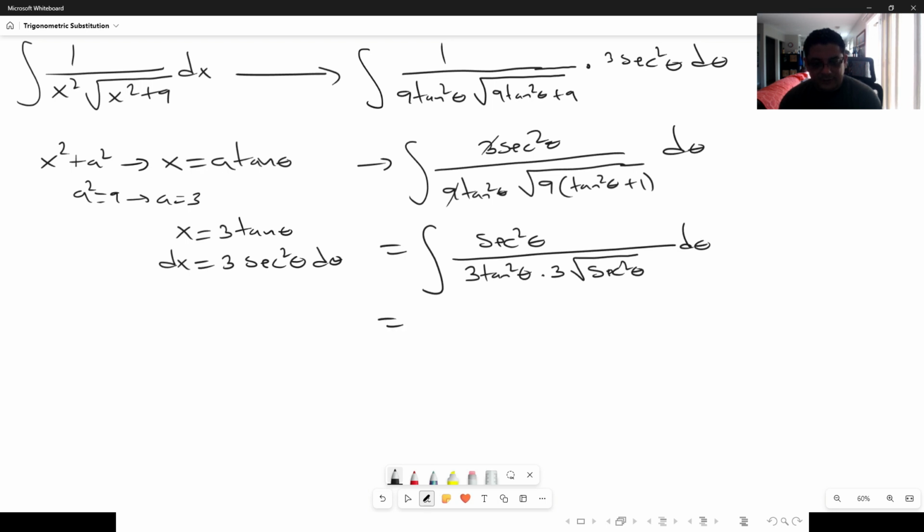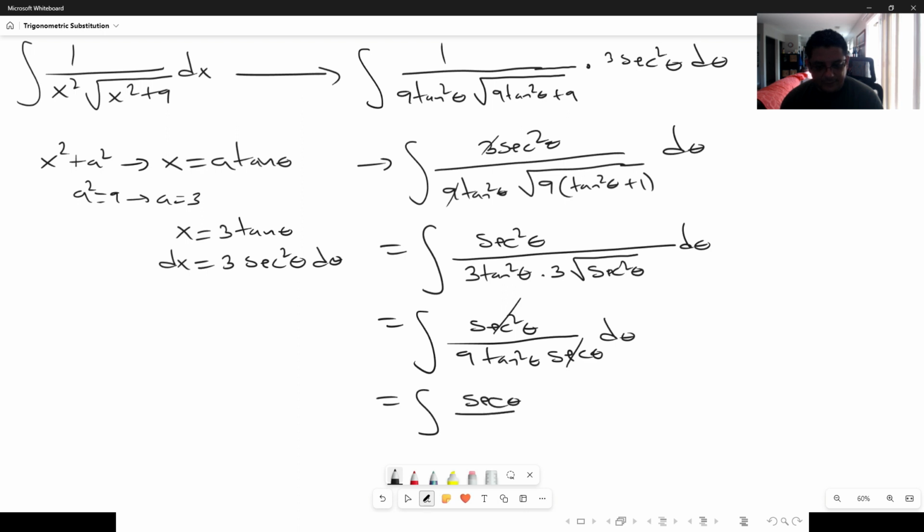And then that's going to be equal to, now here I'm going to get a secant. So I'm going to get secant square over 9 tangent square, and I'm going to get a secant here. I get to cancel one of the secants, and so I'm going to have secant of theta over 9 tangent square of theta.